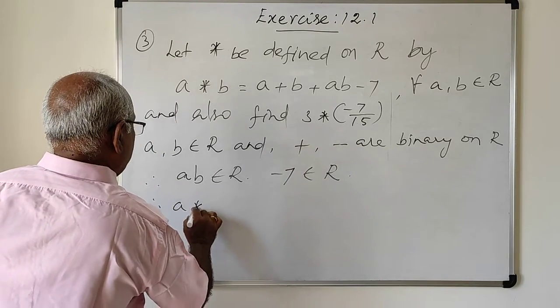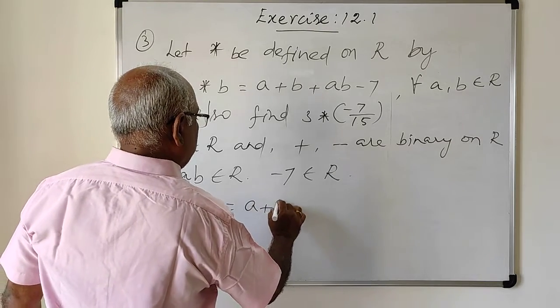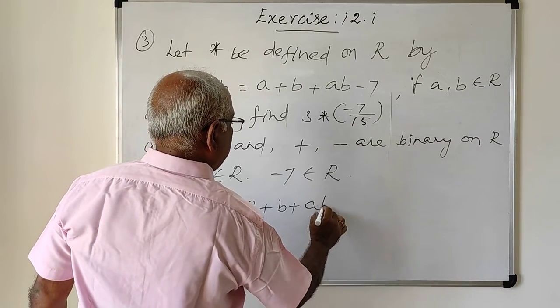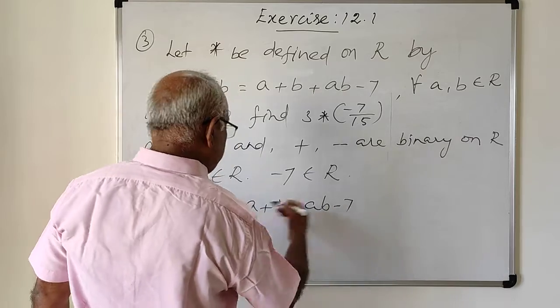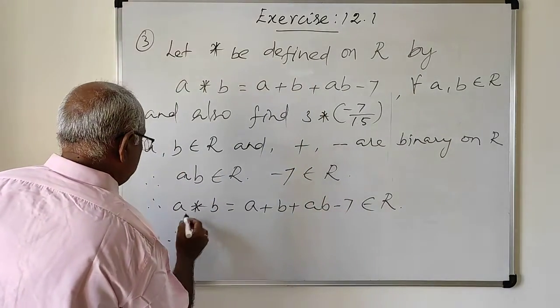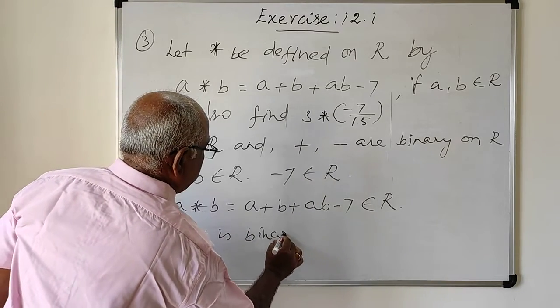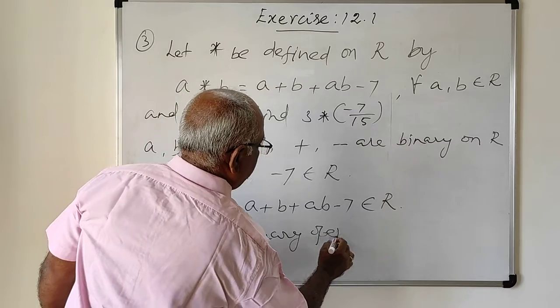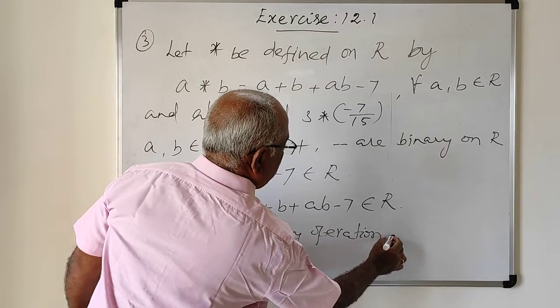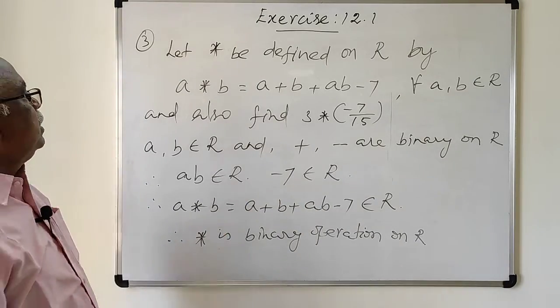Therefore A star B equal to A plus B plus AB minus 7, the sum of all these elements, also belongs to R. Therefore the given star is a binary operation on R.